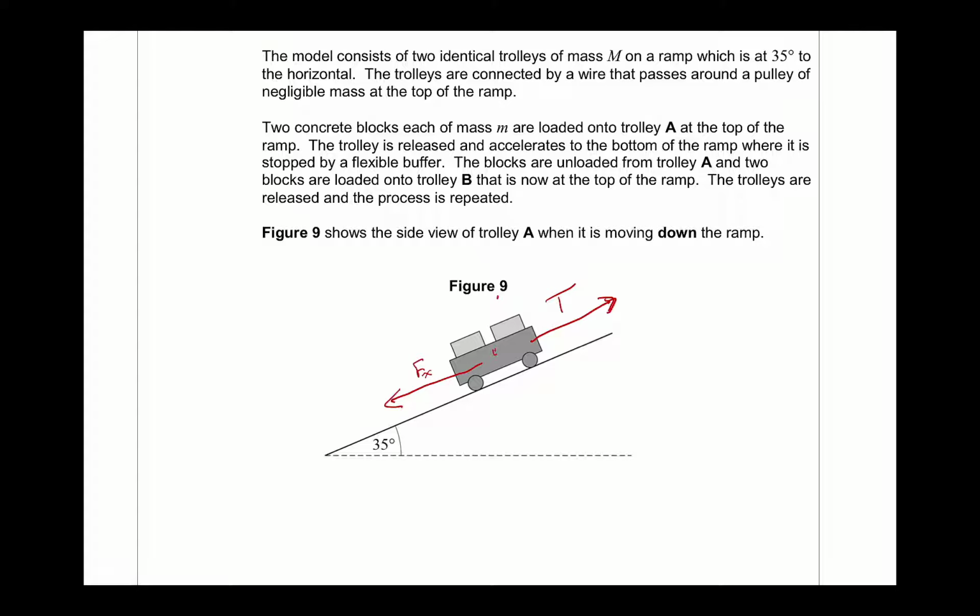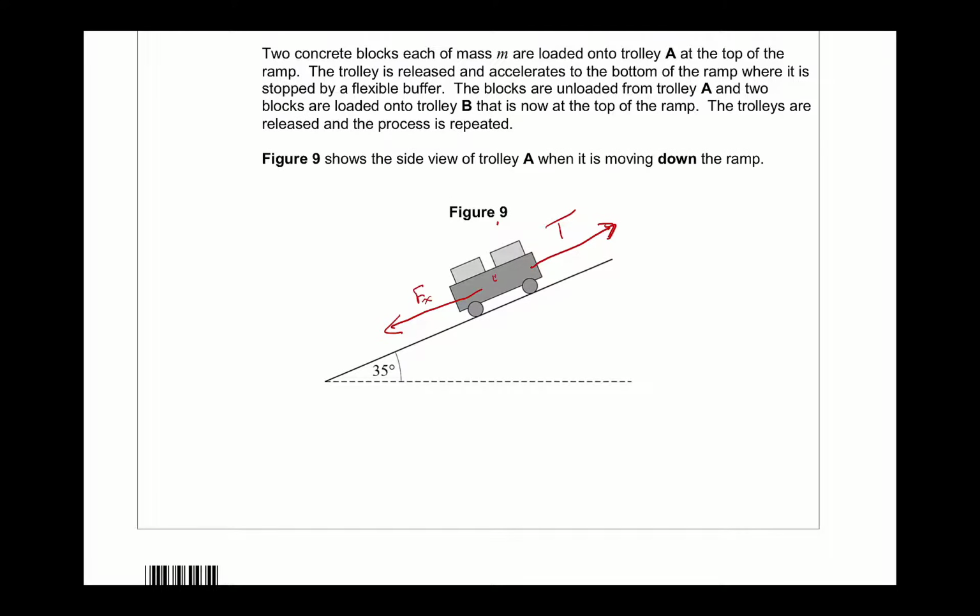and it actually does want me to label this force. Because that one is equal to T, they want it labeled as M plus 2m times g. And that one there, because it's parallel, is sine 35.